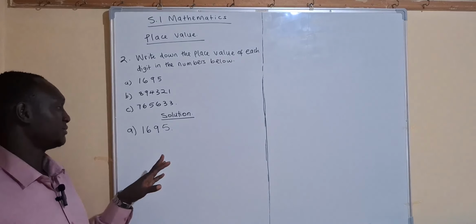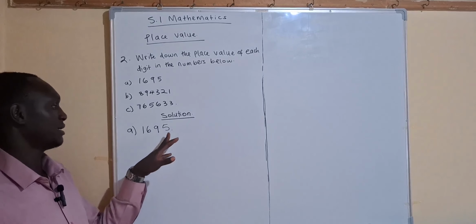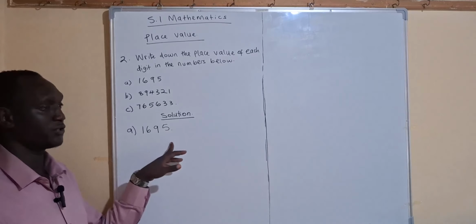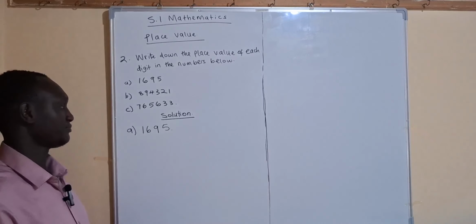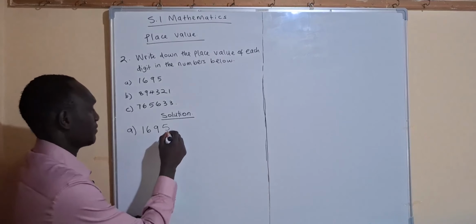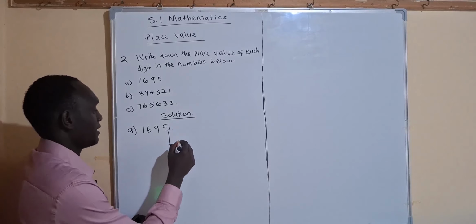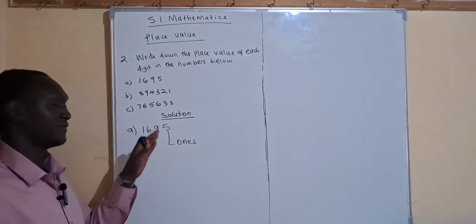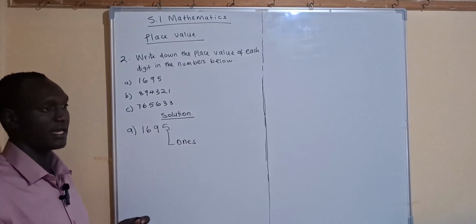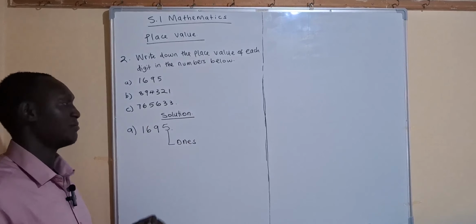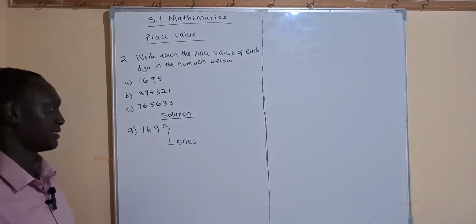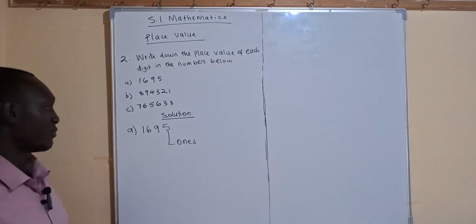So in your part of solution, you will say that 5 is in position of ones because we start from the extreme right here. This one stands for ones. The 5 is telling us that there are 5 ones, but that position is taken strictly by ones, is occupied by ones.